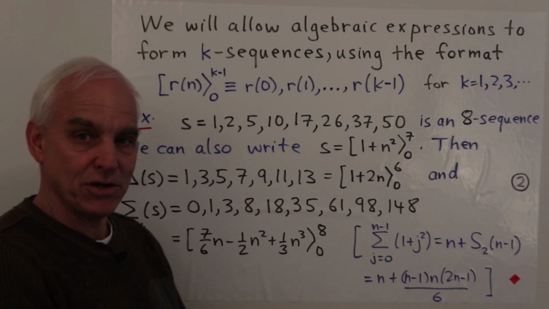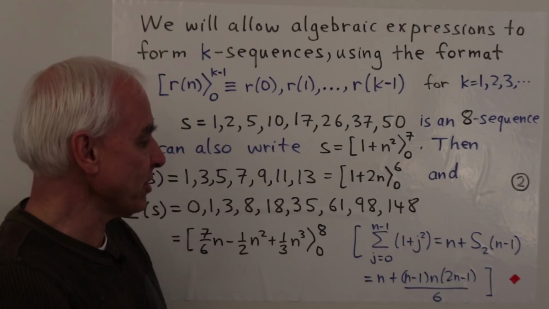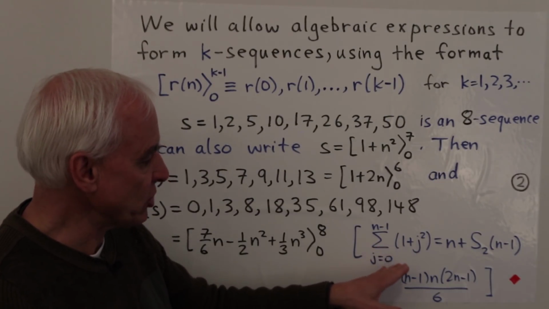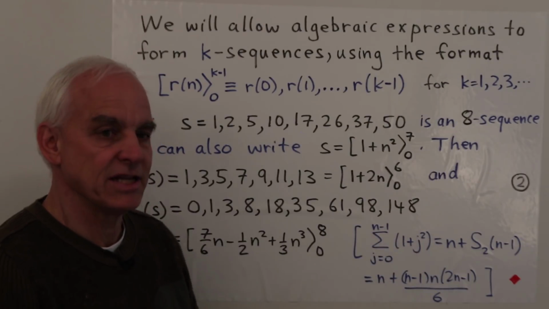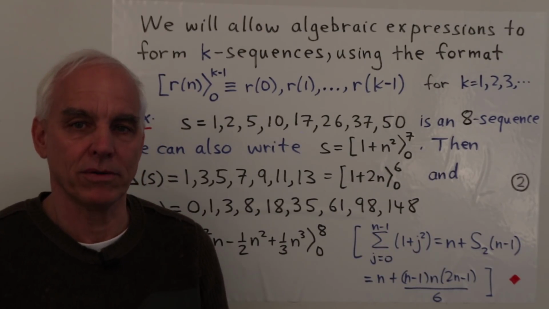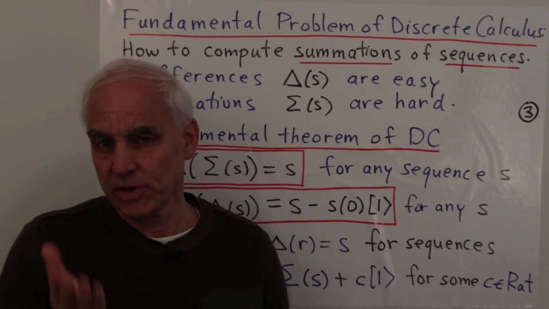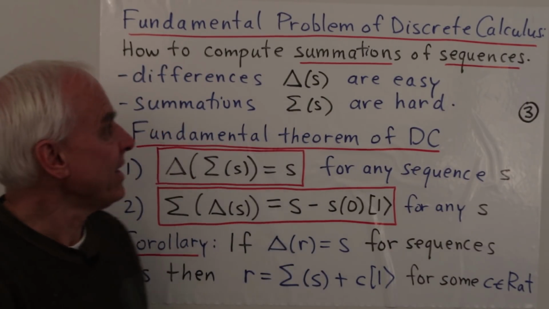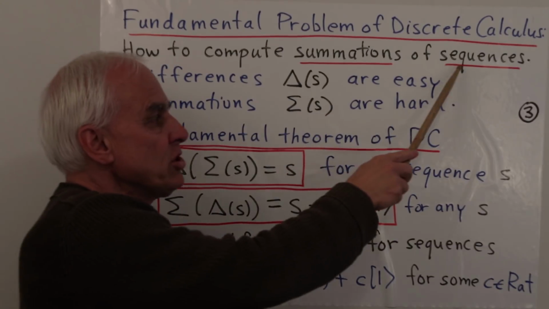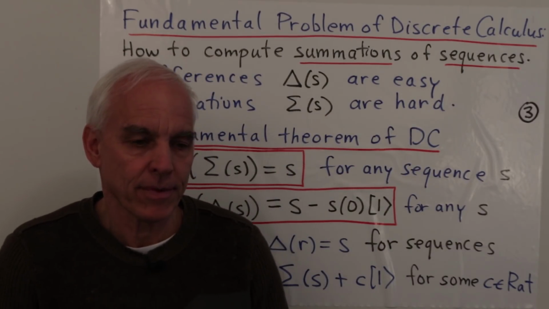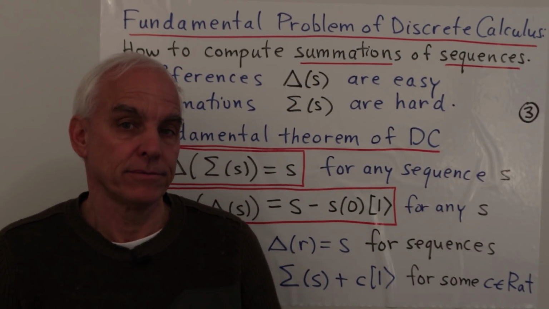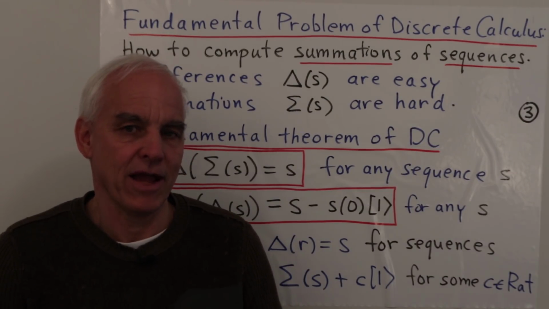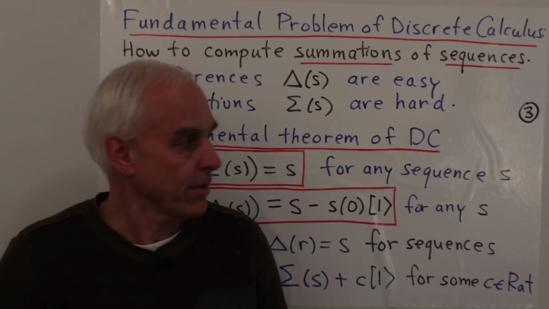So in this case, we can use our understanding of sums of powers to evaluate the summation of a sequence like this, which is given to us as a polynomial. This is really the heart of the discrete calculus. It's sort of the fundamental problem, to compute summations of sequences, just as in the regular calculus, the heart of the matter often is calculating integrals.